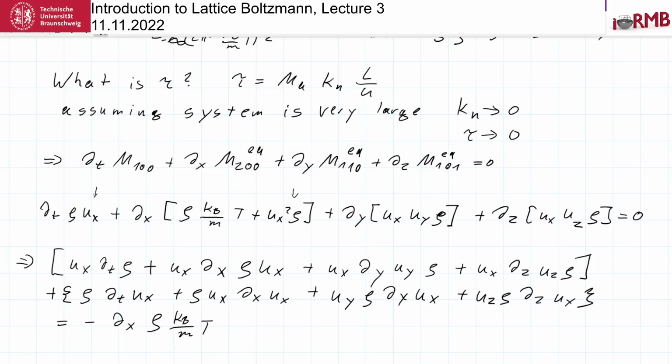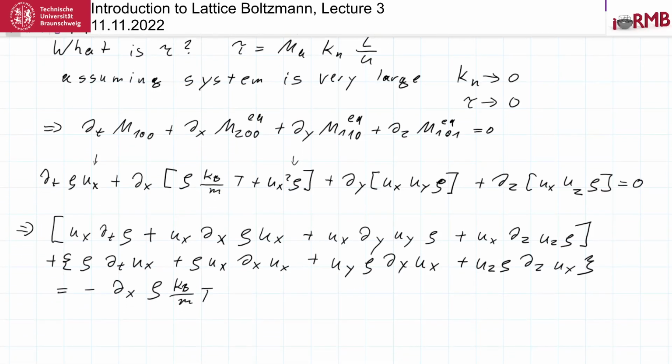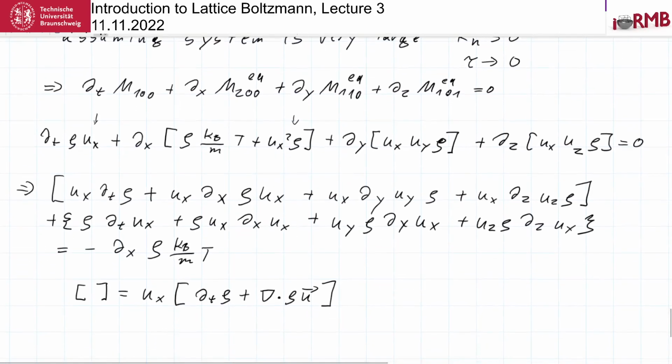Okay, now this is my new equation, and I put this into this particular bracket so that we can distinguish this part that I put in brackets like this, because I can rewrite this as equal to ux times dt rho, and the rest would be the divergence of rho times u, and this we know already as the continuity equation, which when we have particle conservation is 0, so this entire thing here is 0.